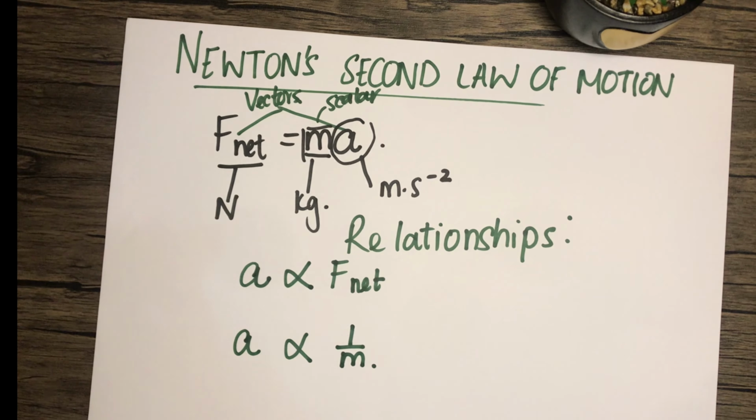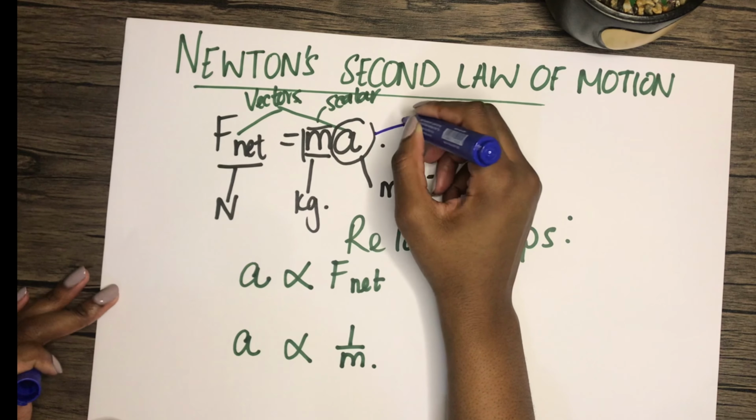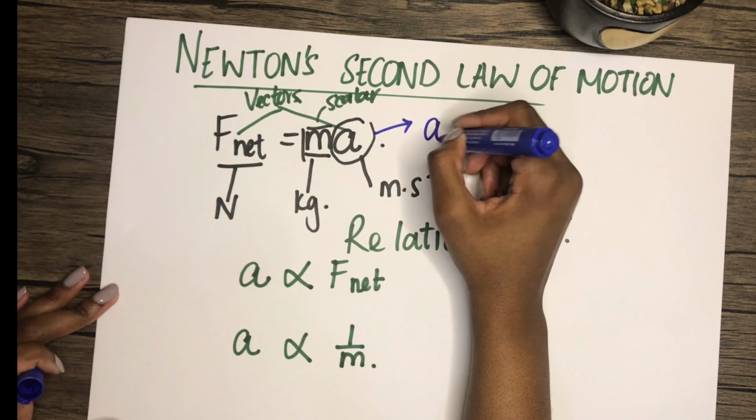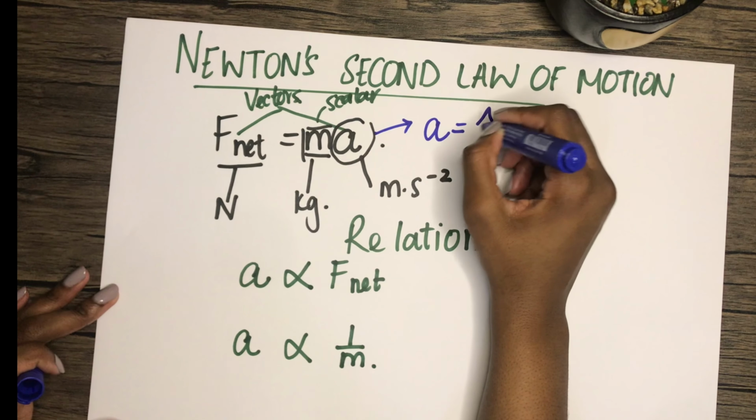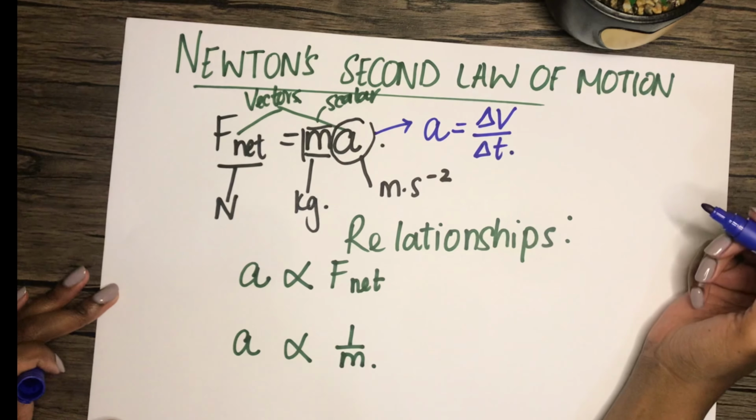So when we say an object is accelerating, it means that there is a rate of change in velocity. So the velocity is not constant. Acceleration, if you remember from the previous grades, is equal to change in velocity over change in time, right?